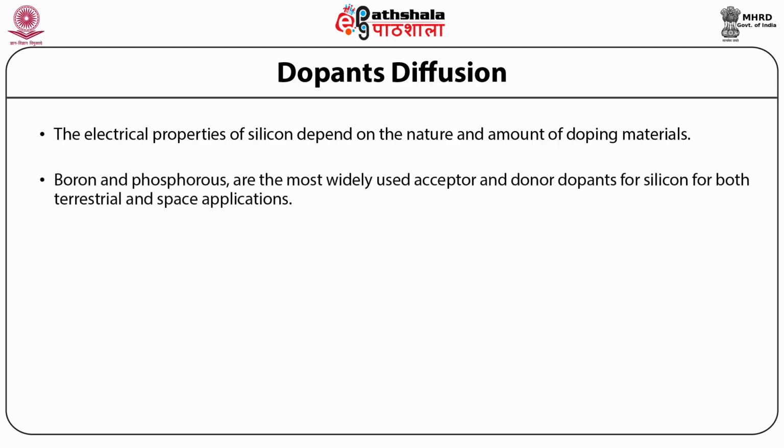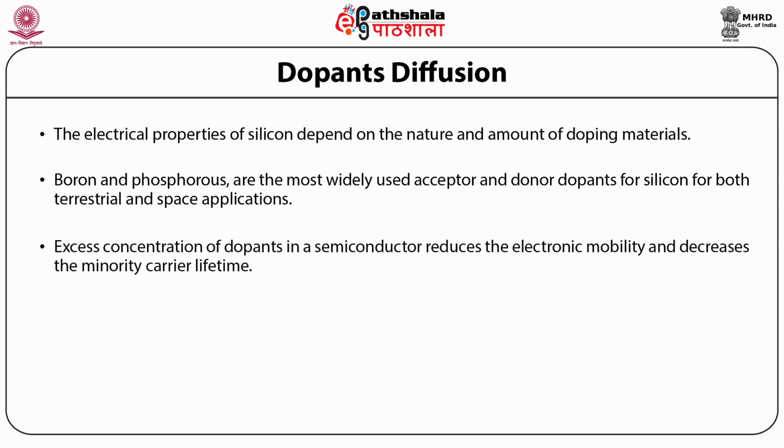Boron and phosphorus are the most widely used acceptor and donor dopants for silicon for both terrestrial and space applications. An excess concentration of dopants in a semiconductor reduces the electronic mobility and decreases the minority carrier lifetime.